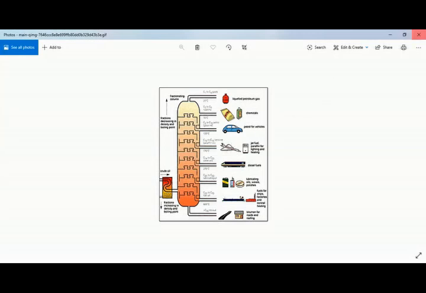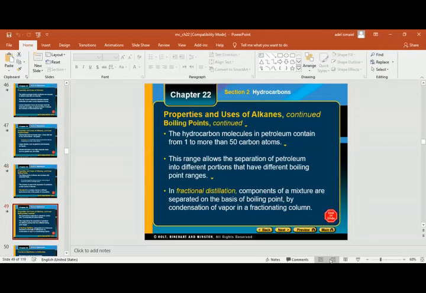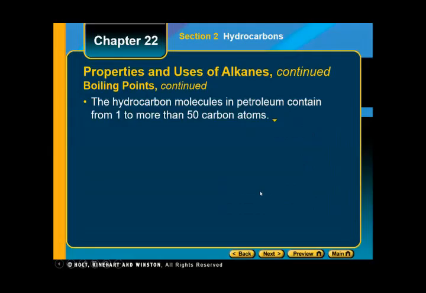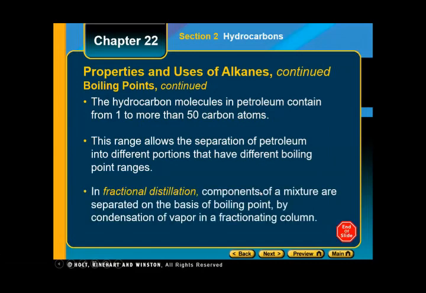And by the way, the picture that you saw before is called fractional distillation, which means components of a mixture are separated on the basis of boiling point by condensation of vapor in a fractioning column, as you saw before.